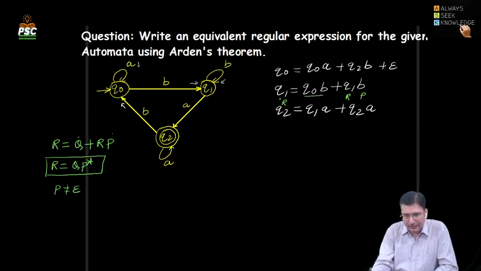And the remaining thing we can compare with Q. So because of Arden's, we can write Q1 is equal to Q, which is Q0B, followed by P asterisk, and P is B only. So this we can write.